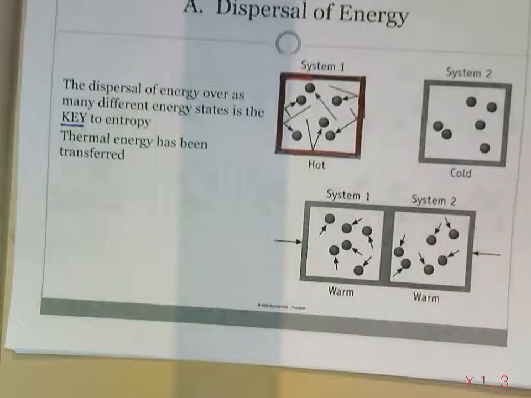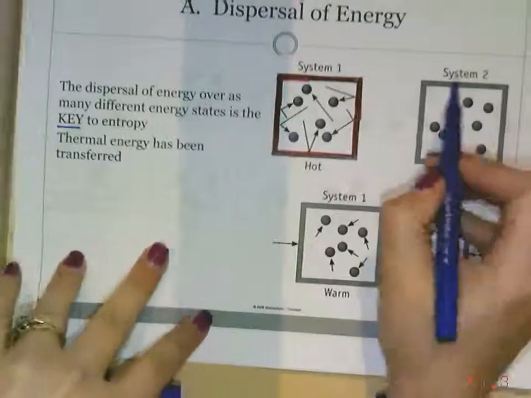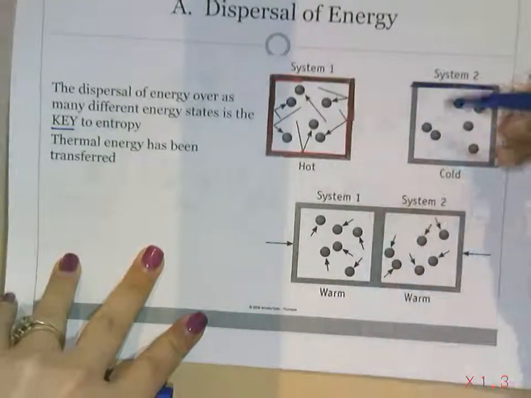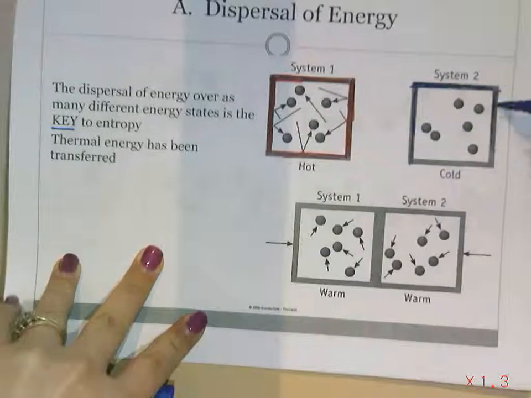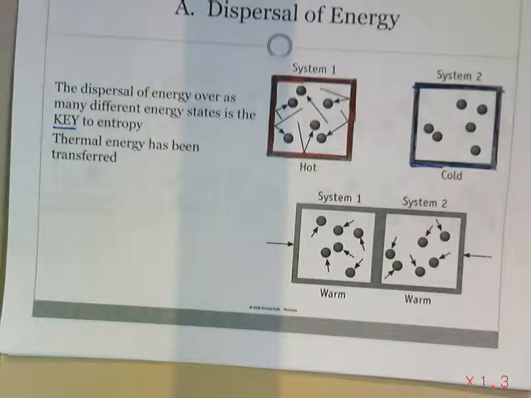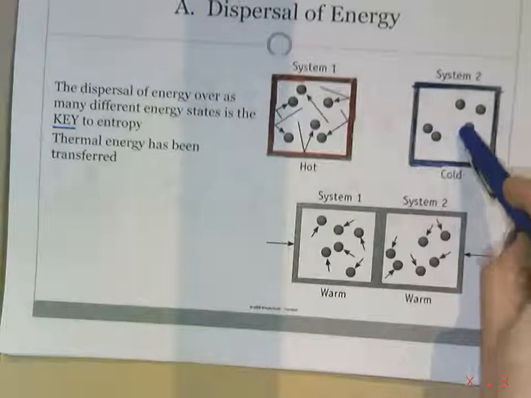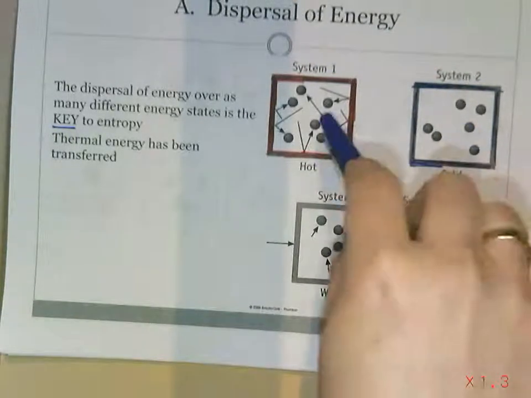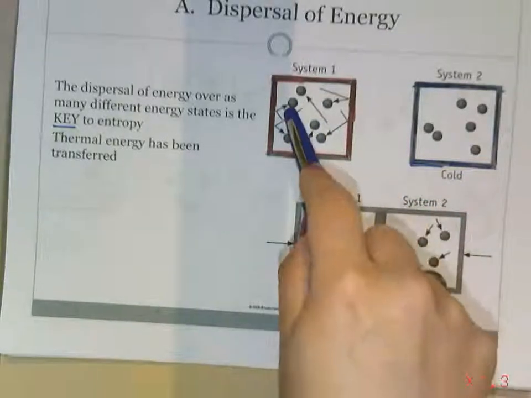All right, what's going on over here in my cold reaction? Do I have any arrows? No. What does that tell you about the motion of those molecules? None. So this is my ice cube, my solid. And I decided my coffee is too hot, so this is my coffee.